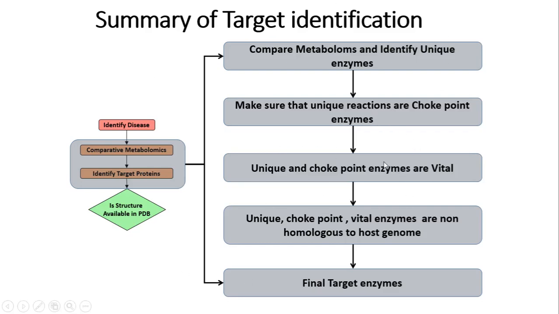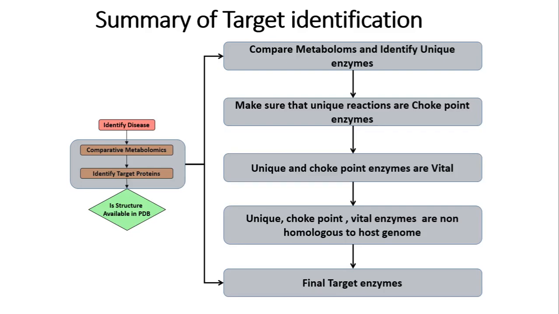Then again you have shortlisted only 30 that are vital, and of those 30 only 5 are, you can say, not present in human, or such enzymes that don't have any close relative in human beings.